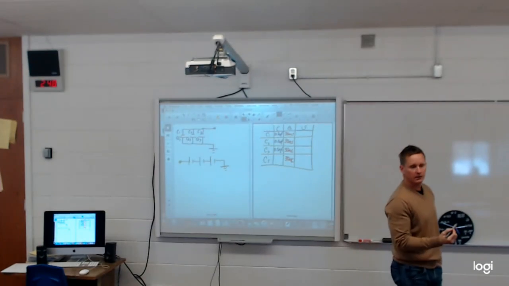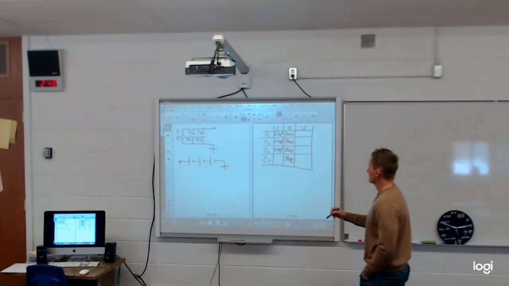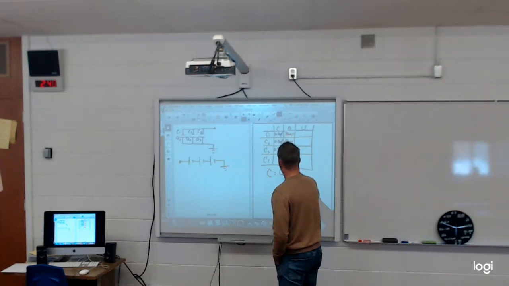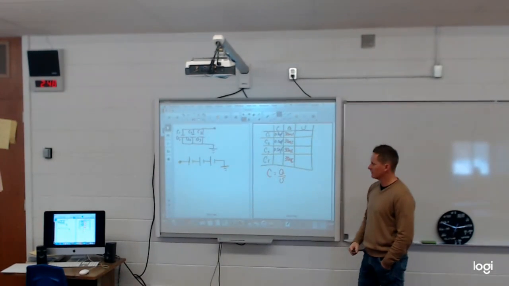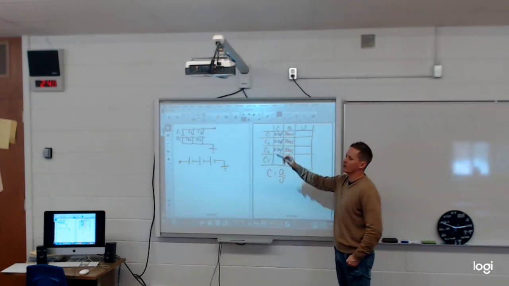So far, so good. So I've got C equals Q over V. So how do I get V? Q divided by C. So take 30 and divide it by 0.2.